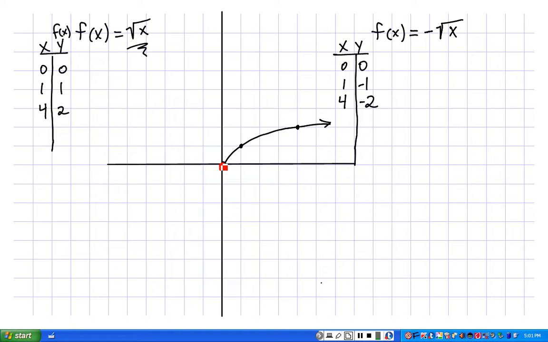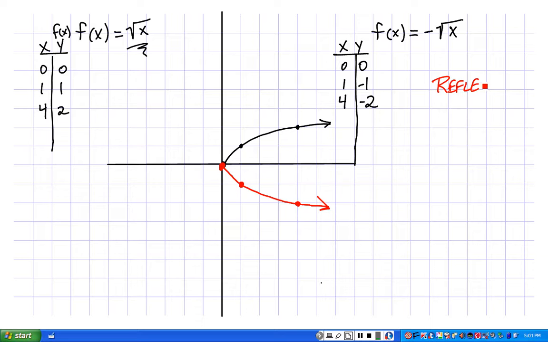Alright, 1, negative 1 is here, and 4, negative 2 is here. So this one looks like that. Okay, and so what you see here is what we call reflection.